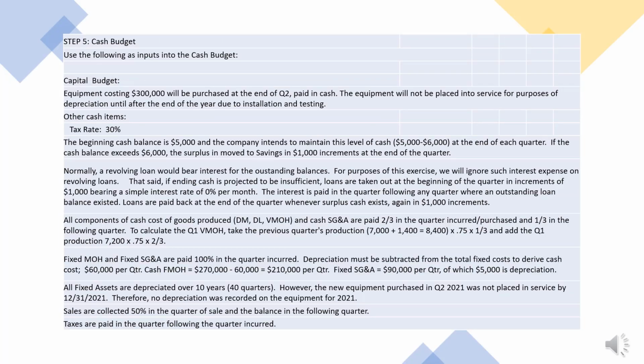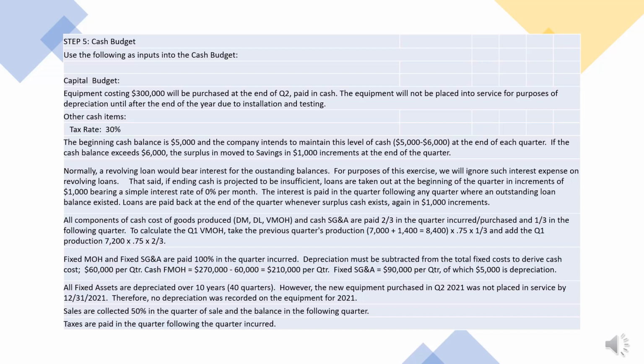Step 5 involves developing the cash budget, and it is one of the more challenging and involved steps in the whole process. First of all, we need to understand some of the things that affect the cash budget. And so you're given a list of things that you have to figure out what to do with in developing this budget.